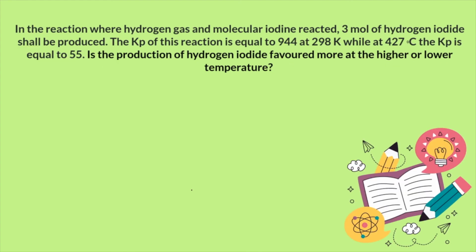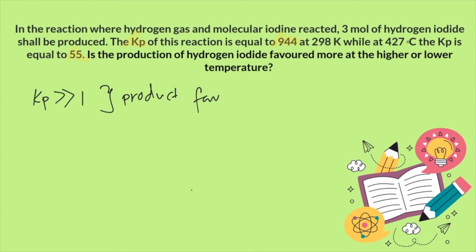If we look closely at the question, you were given the value of Kp. One Kp is 944 and the other one is 55. According to the theory, if the value of your Kp is bigger than 1, this is a product favored reaction, meaning that it is prone to produce the product.